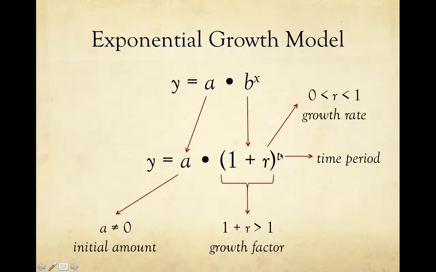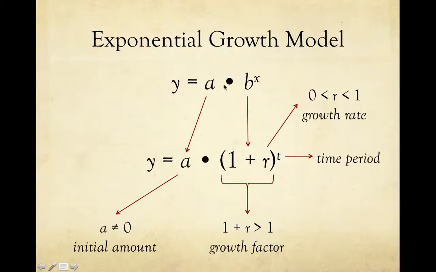The reason they use t now is because usually when we're talking about exponential growth problems, we're talking about growth that happens over time, and the time is our independent variable. So instead of using x for the exponent, we're using t for the exponent to represent the time period.